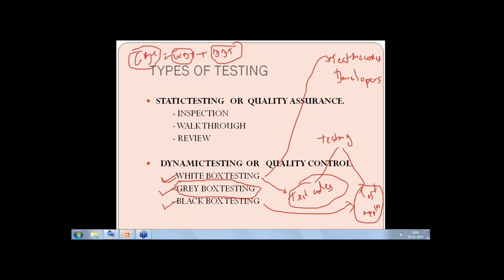So a gray box tester can basically test the codes as well as test the application from an end user's perspective, where you don't require to test the codes, you require to test the application as an end user. So a tester will be called a gray box tester if he or she can test the codes as well as the application as a whole from the end user's perspective.